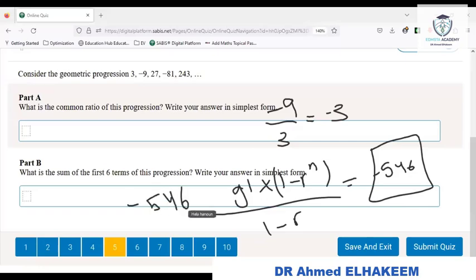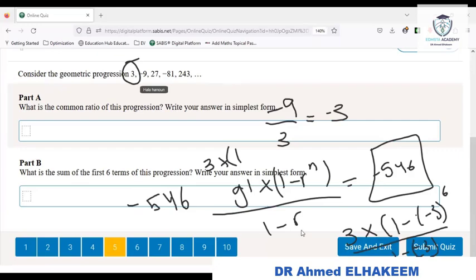So you put G1 as 3 times 1 minus negative 3 to the power of 6.